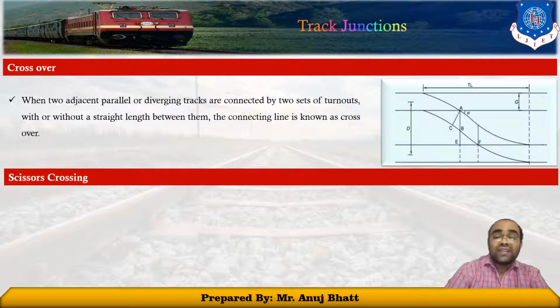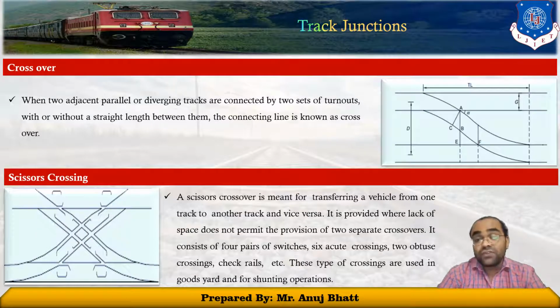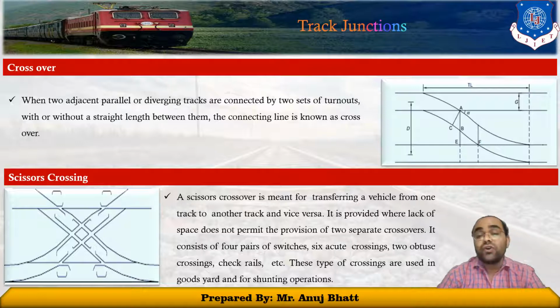The second is the scissors crossing. A scissors crossover is meant for transferring a vehicle from one track to another, and vice versa. It is provided where the lack of space does not permit the provision of two separate crossovers.